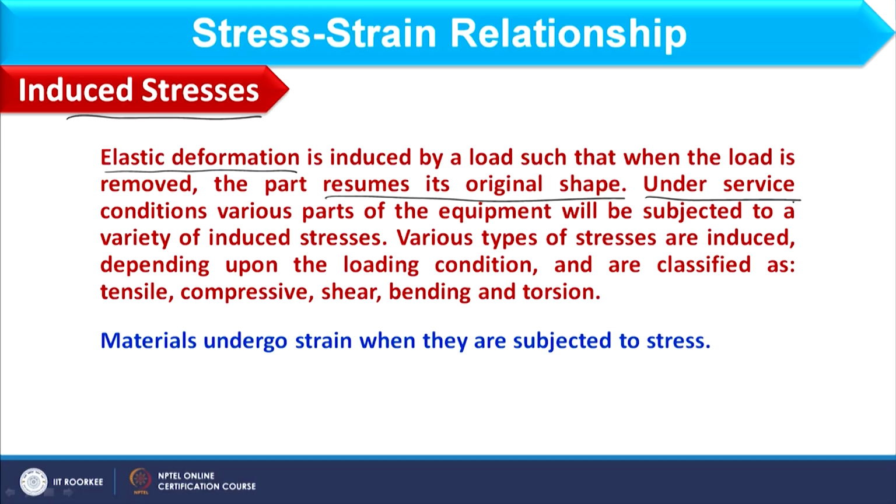However, when we have different operations or services in different parts of the equipment, there are different stresses which are made in the object, and these stresses are found due to different loading conditions, and these stresses are tensile, compressive, shear, bending, torsion, etc. So, all these stresses are induced in the system when we apply the force, but when we remove that force, all that stress will go out and the object will take its original shape.